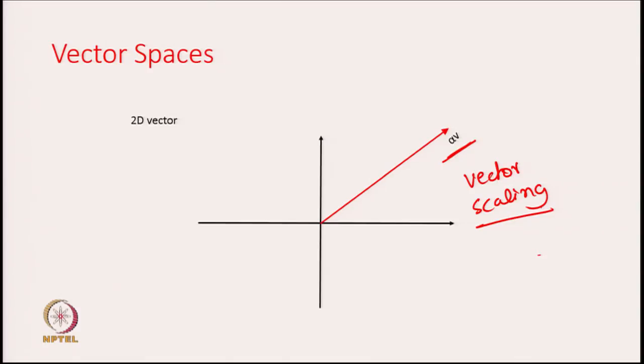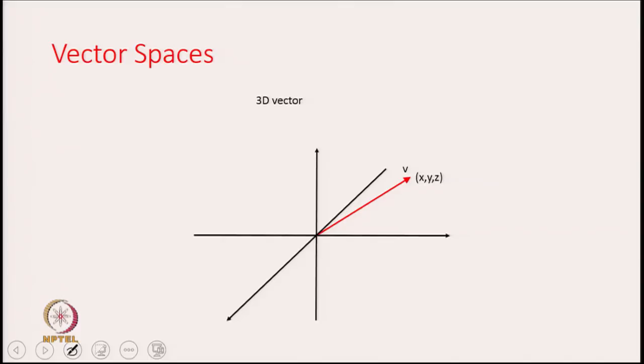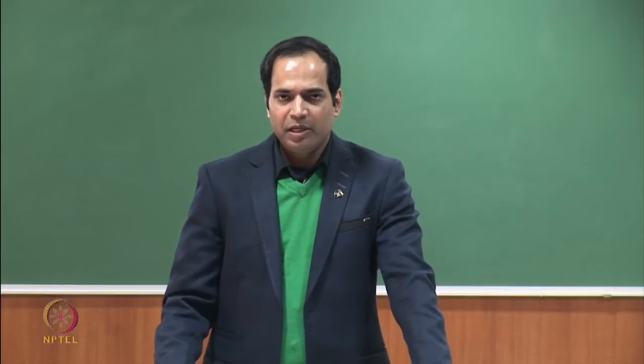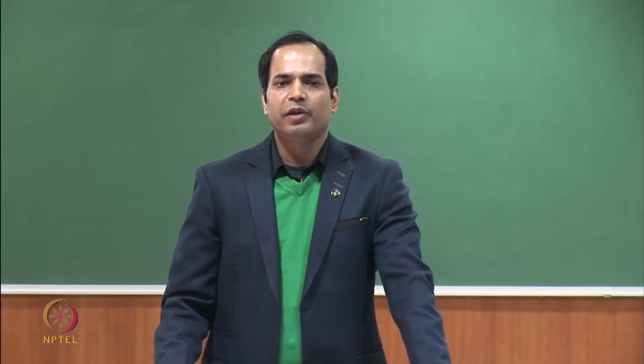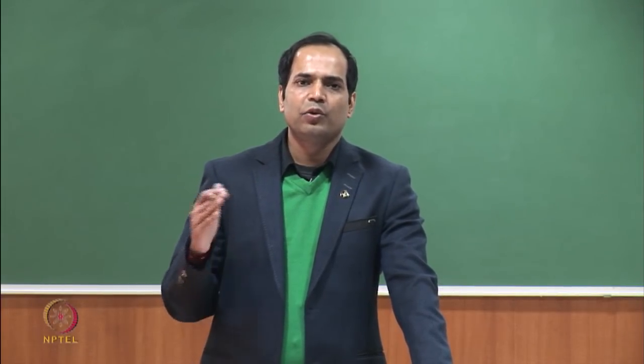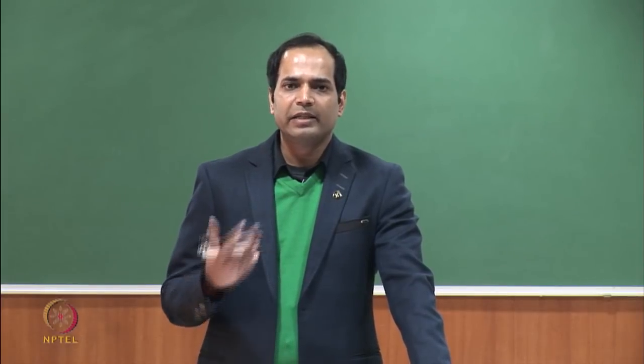Okay. I can talk about 3D vectors as well. The 3D vectors are represented using 3 real numbers. So, instead of 2, now we have 3 real numbers because the dimension is 3D. Similarly, as in the case of 2D vectors, vector addition is allowed. That means you can take another vector and add these two vectors to get a 3D vector.